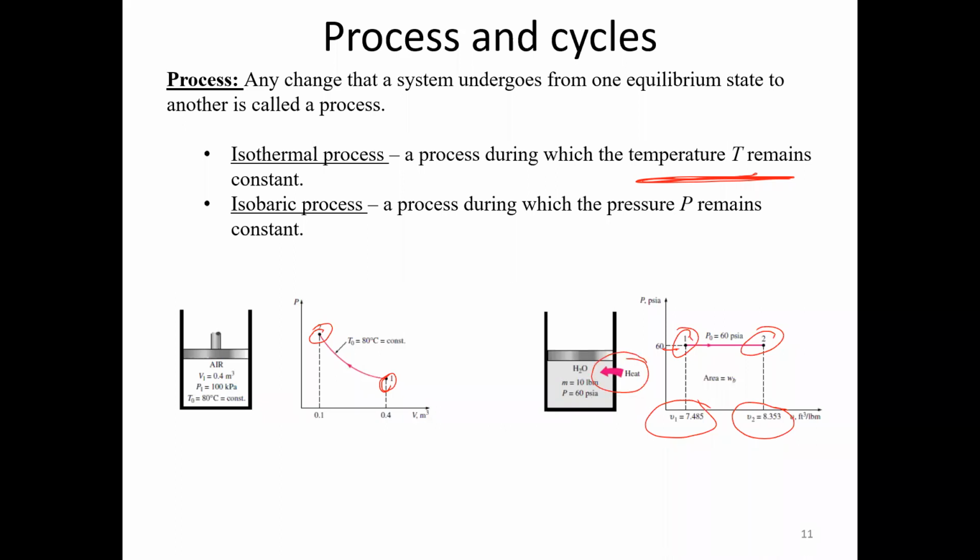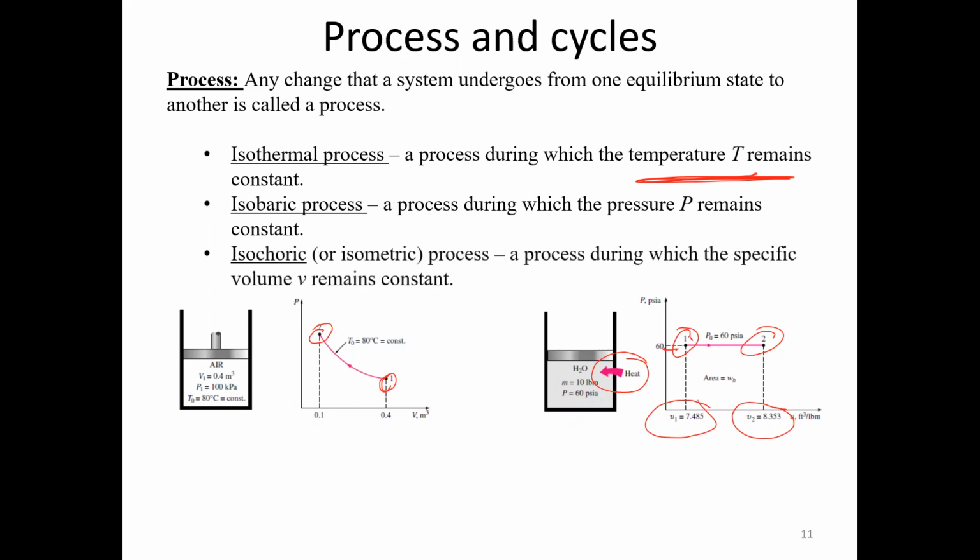And the third one is what we call an isochoric or isometric process. This is a process where we always have constant specific volume.